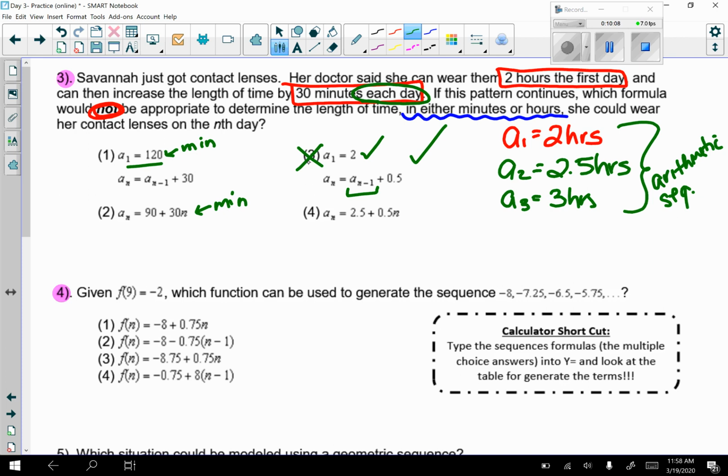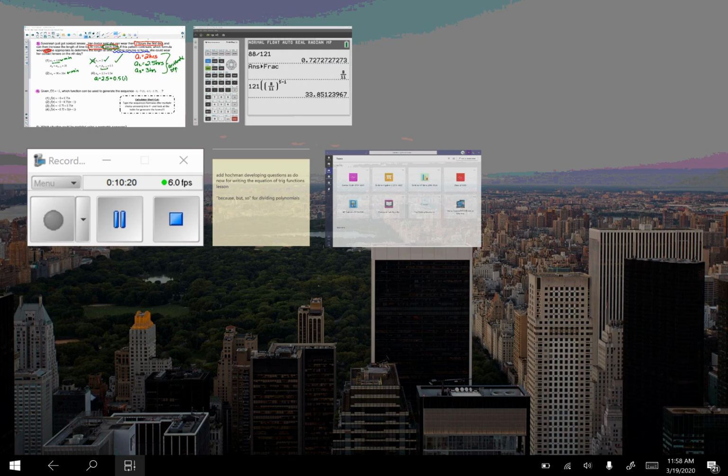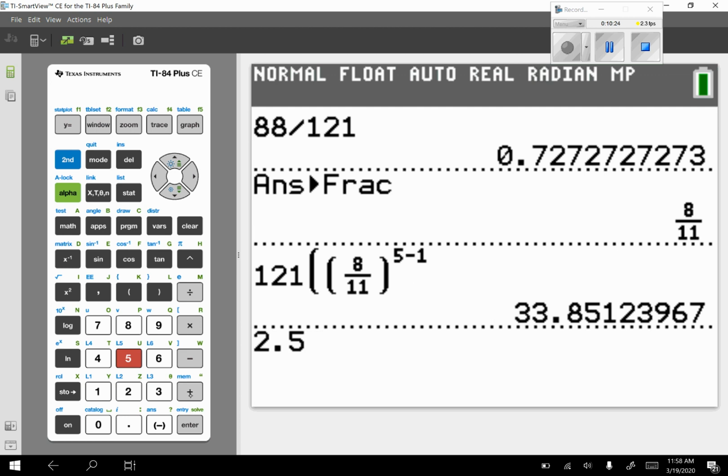So I'm actually going to put this in my calculator, and I'm going to try to find a sub 1 using this formula. 2.5 plus 0.5 times 1.